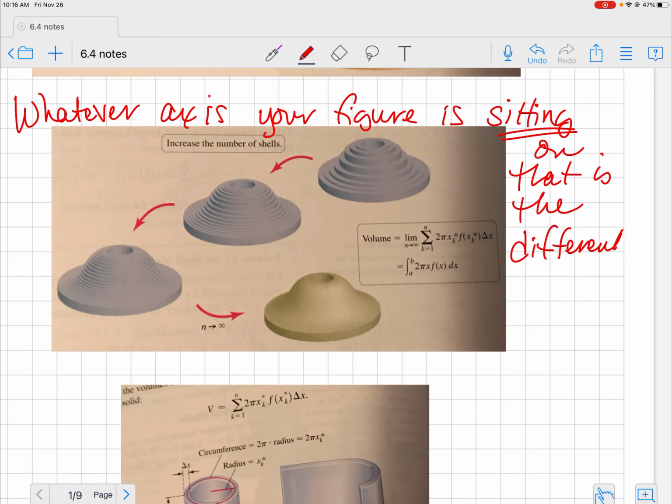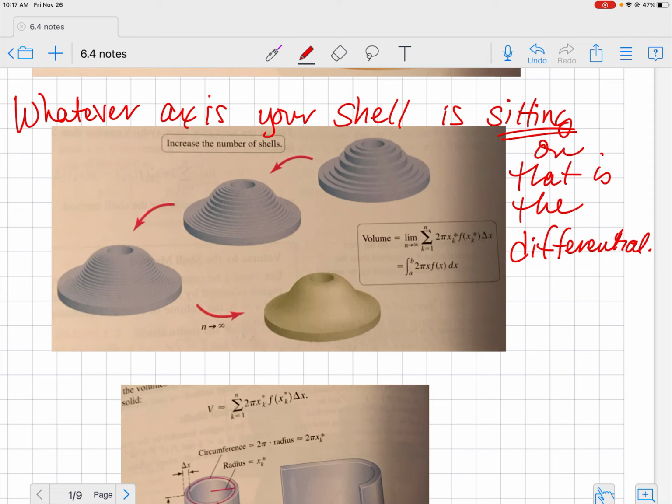And this is why the differential is so important. Whichever axis your shell, I'm going to say I put figure, but I'm going to put shell because that's what we're talking about. So your cylindrical shell is sitting on.